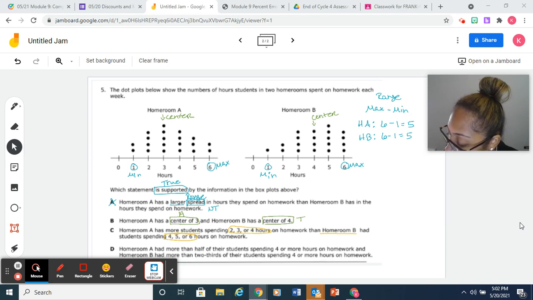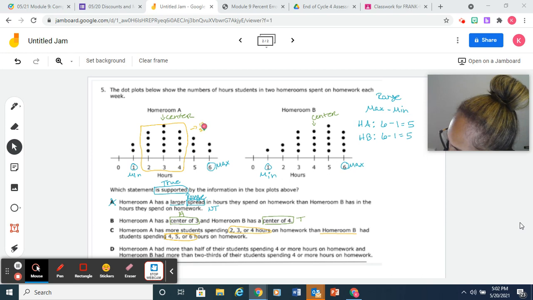Let's calculate how many students that is. So 1, 2, 3, 4, 5, 6, 7, 8, 9, 10, 11, 12, 13. So they have 13 students spending either 2, 3, or 4 hours on homework.